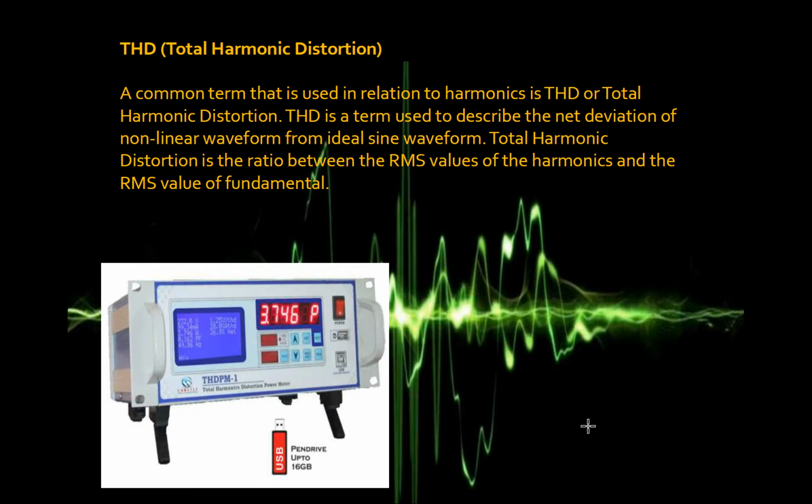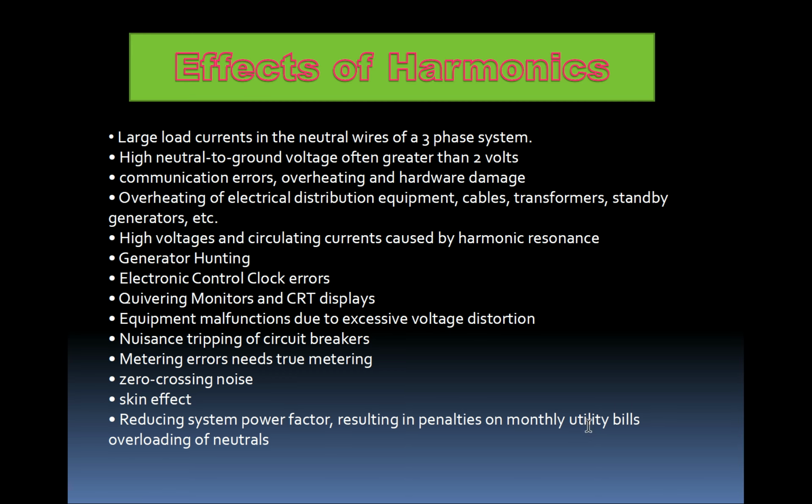Okay, so THD is the ratio between the RMS value of the harmonics and the fundamental RMS value. That is what we call THD. So the effect of harmonics, again, normally it draws a large load current in the neutral wires, something that we do not want to happen.